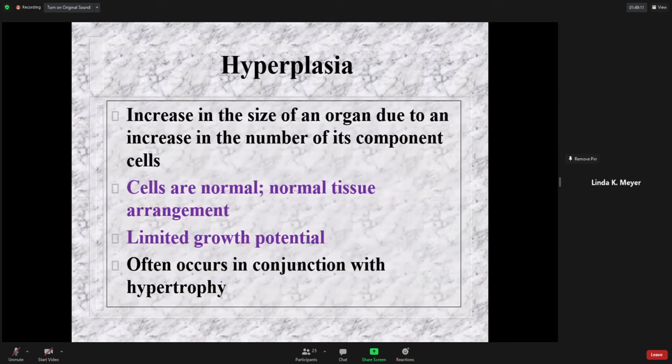Okay, next is hyperplasia. There's that term, plasia, growth again, and hyper would be overgrowth.